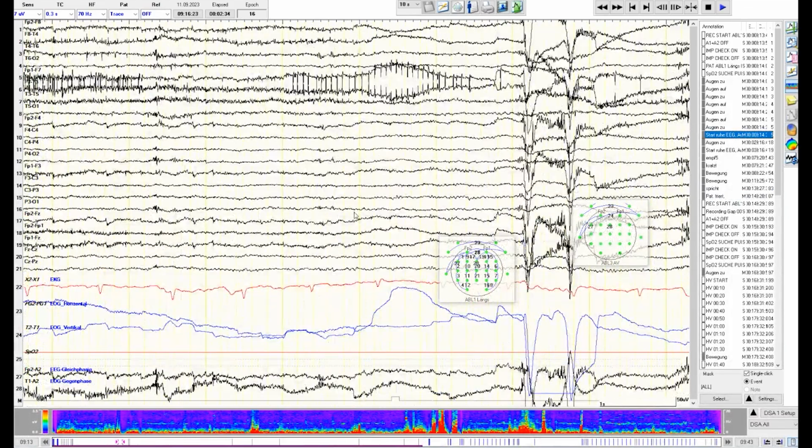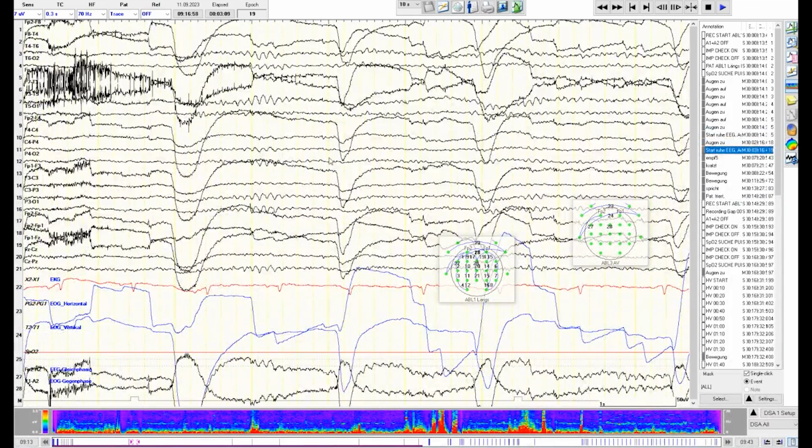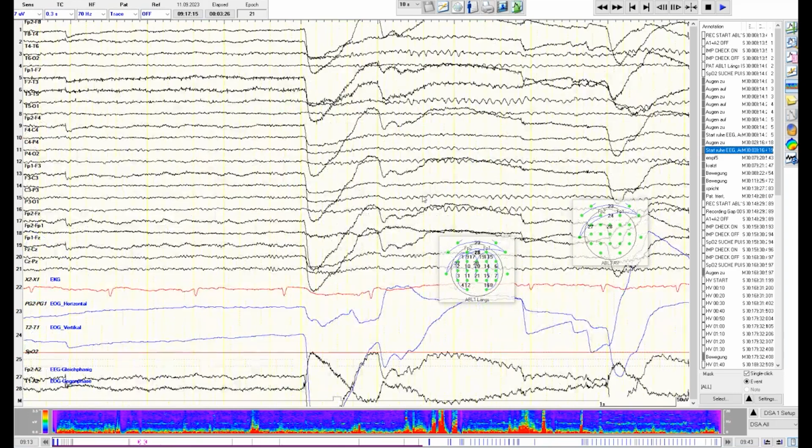This patient is blinking with his eyes all the time. There are some techniques and research on how you can get rid of these, however, for clinical EEGs we should not use them because you could disturb original activity. What you see here all the time are the eye blinks, highly disturbing for judging the EEG. However, we see the background activity here, it seems to be fine, and also the desynchronization.